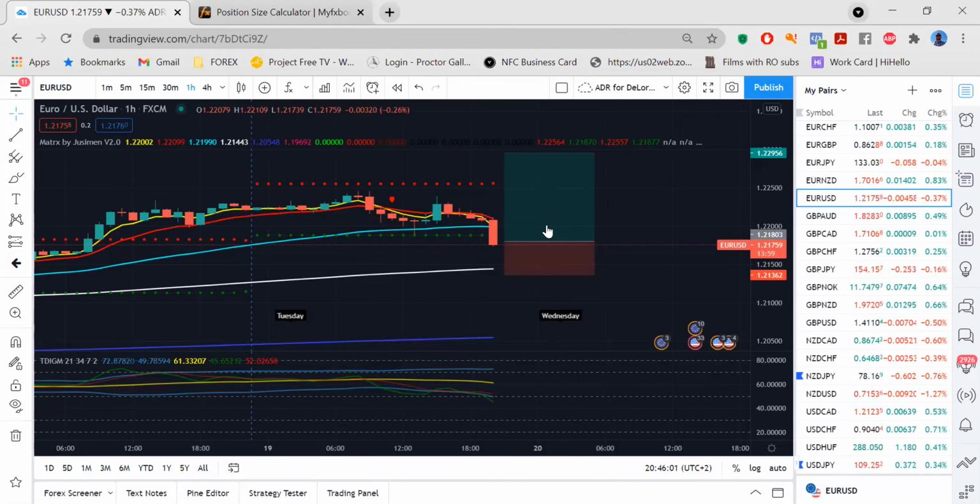Where is the stop loss? The stop loss is right here in red, 1.21362. And I put in the take profit, which is up here in green, 1.22956. Was that easy to understand, guys, or should I explain it one last time? No, it's okay. Okay, good.